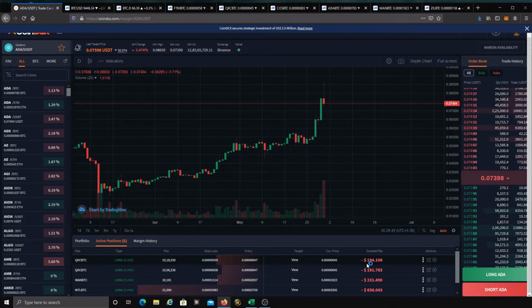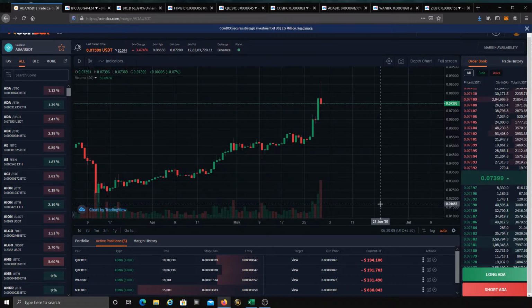So if it goes back to 46, this would be like a $94 loss. So it's not too terrible right now, and that's certainly something you've got to keep in mind when you're margin trading altcoins, and I'll get to that in a minute, with some of these lower sat coins: how much one tick can make, and whether you're in a loss or a gain.